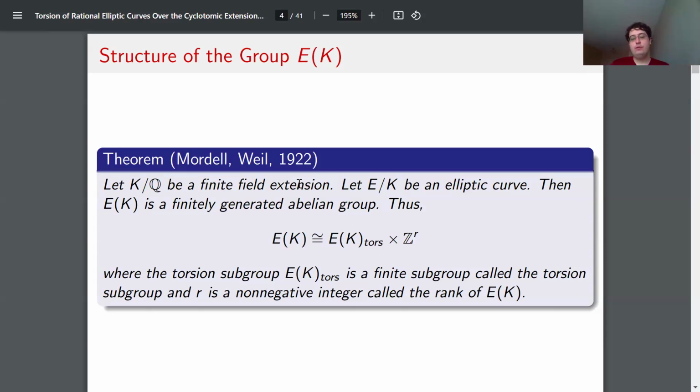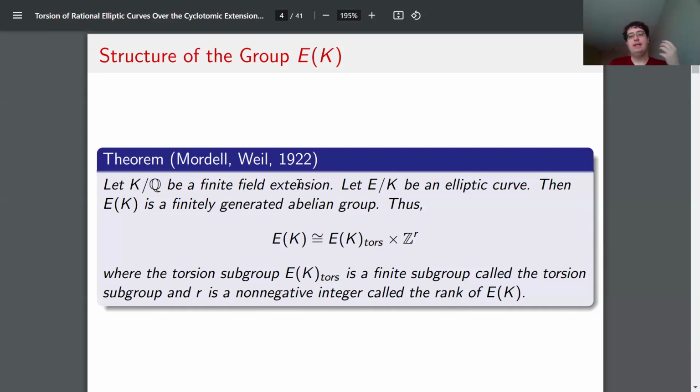A very important theorem about the structure of E(K) is the Mordell-Weil theorem. It says that if K is a finite extension of Q and E is defined over K, then the K-rational points E(K) form a finitely generated abelian group.